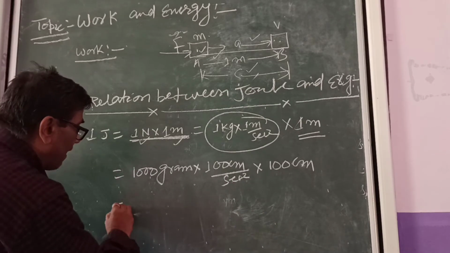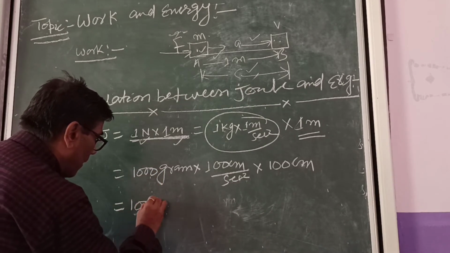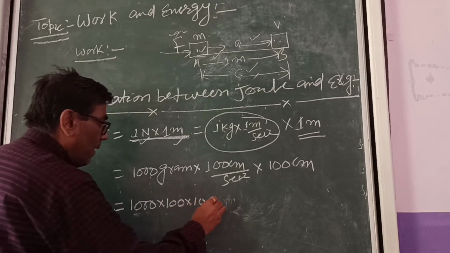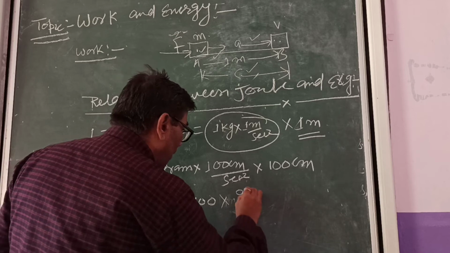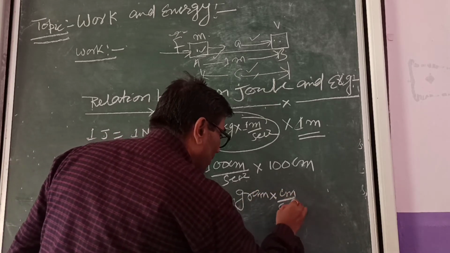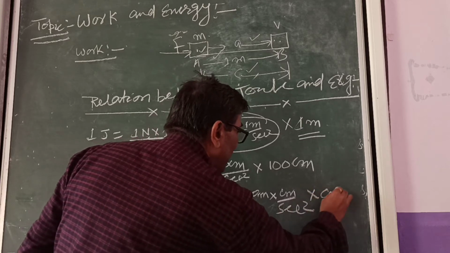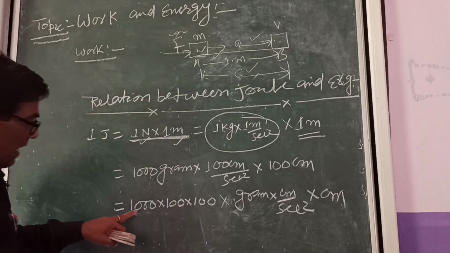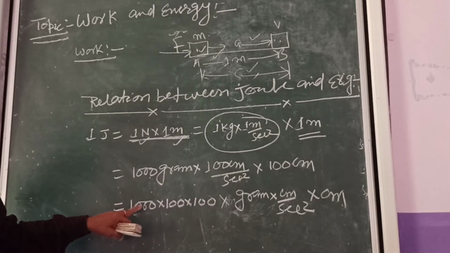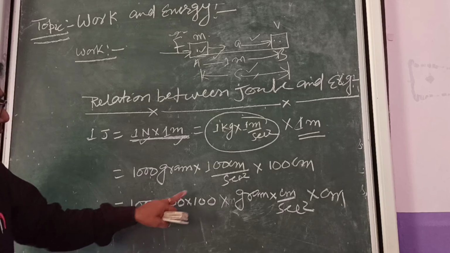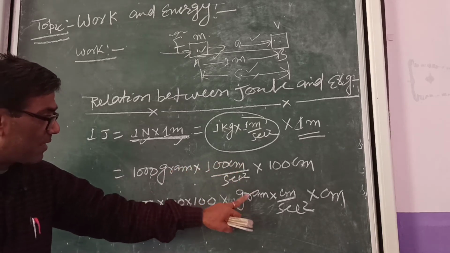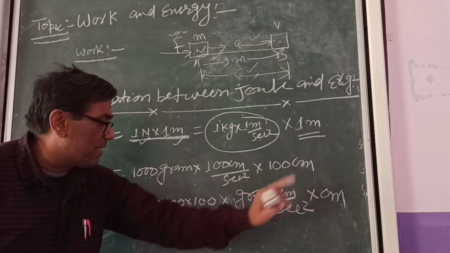Then we get 1000 into 100 into 100 into gram centimeter per second square into centimeter.